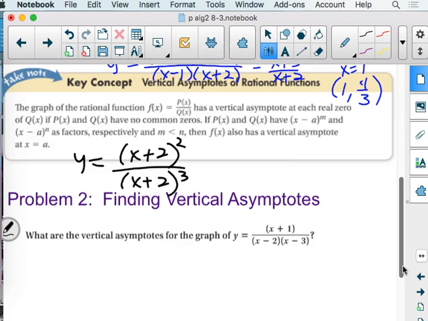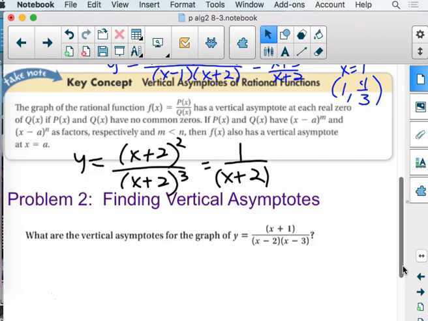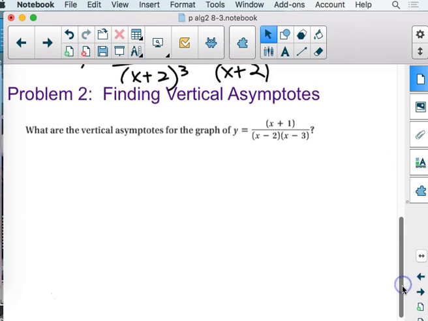Well, does that mean negative 2 is going to be a hole? Well, we got a problem. Because if we actually did the canceling here, it's not a hole. It's a vertical asymptote. So they're just pointing out that maybe something like that could happen. And you just need to think through it about, would it totally cancel out, or is it going to be stuck there as a vertical asymptote?